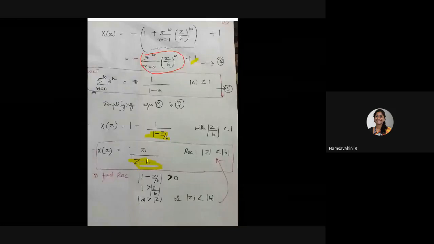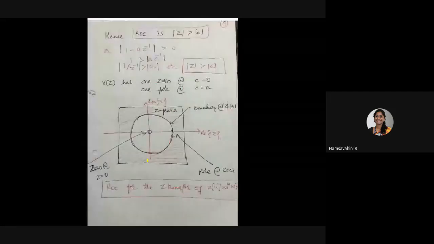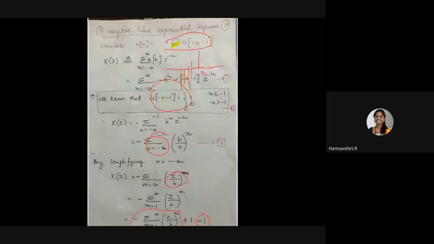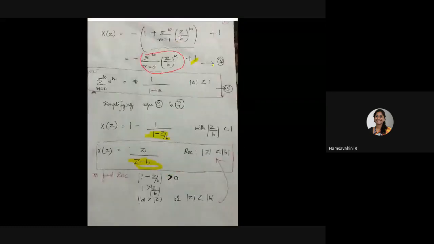The z transform expressions for both positive as well as negative sequences are the same, but the difference is the ROC. For a positive exponential sequence, the ROC is mod z greater than a, whereas for a negative time exponential, it is mod z less than b. If I take b as a, you will get mod z less than a.